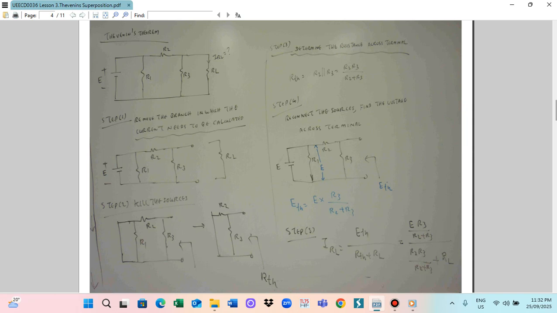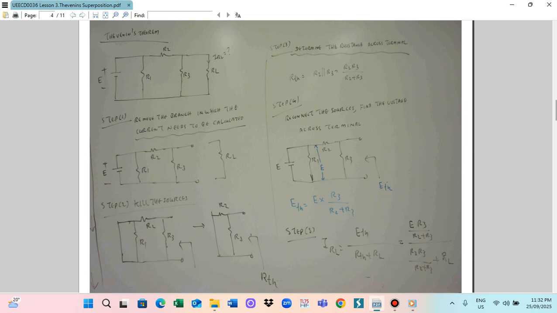According to Thevenin's theorem, the first step is to remove the branch in which the current needs to be calculated. So this is step one: remove the branch in which the current needs to be determined.